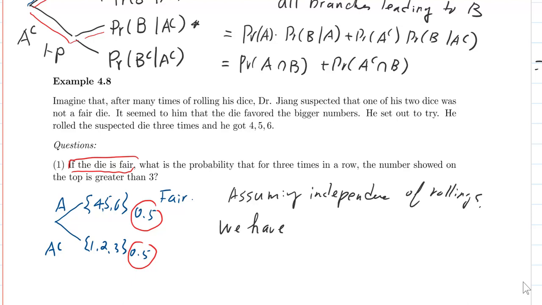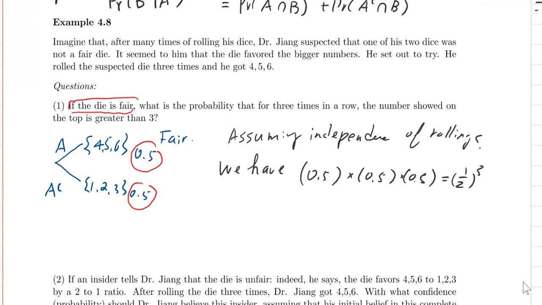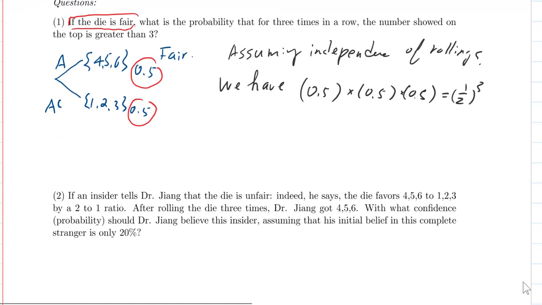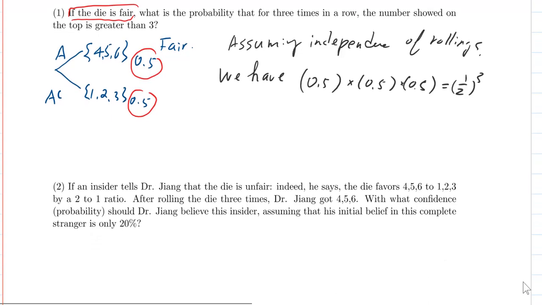The probability to get 4, 5, 6 for the first roll is 0.5, for the second one 0.5, and for the third one 0.5. So this is 0.5 to the third. This is what we have. Okay. All right. So this is really about independence. We sometimes call it the multiplication principle.